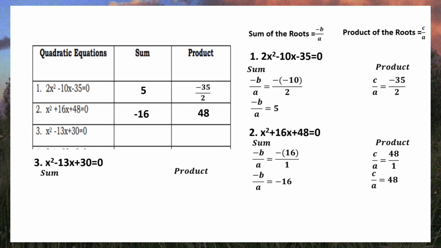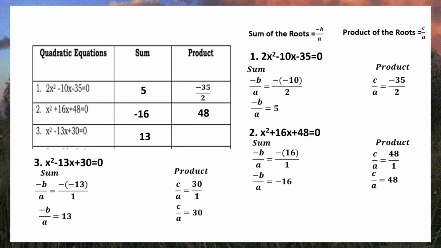For number 3, our sum should be, ang value ng b natin is negative 13. So negative times negative is positive 13. Ang a natin ay 1. So 13 ang sum ng number 3. For the product, we have c, which is 30, and 30 divided by 1, which is the value of a, that is 30.